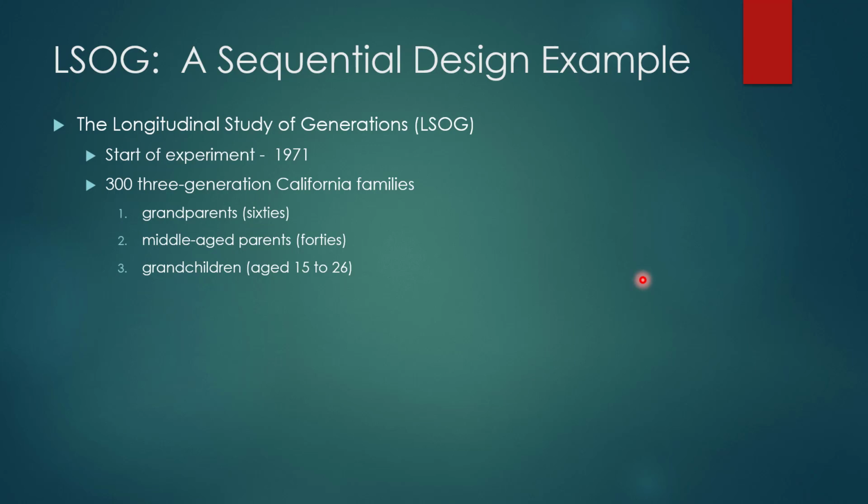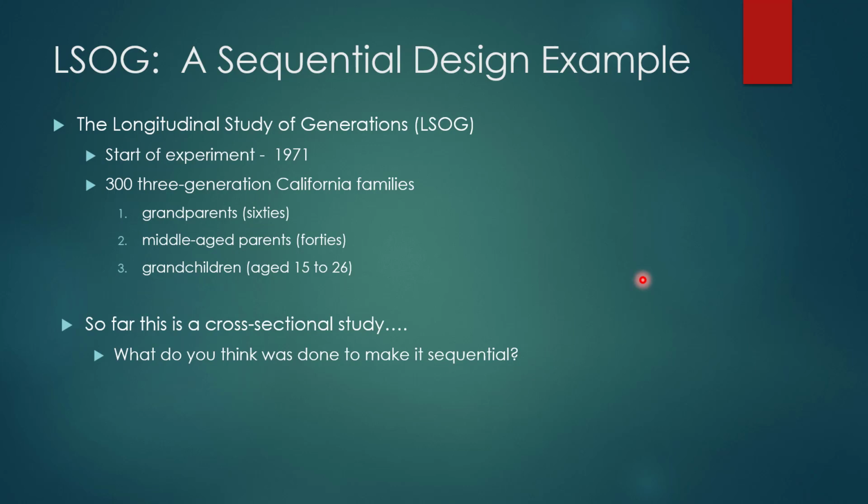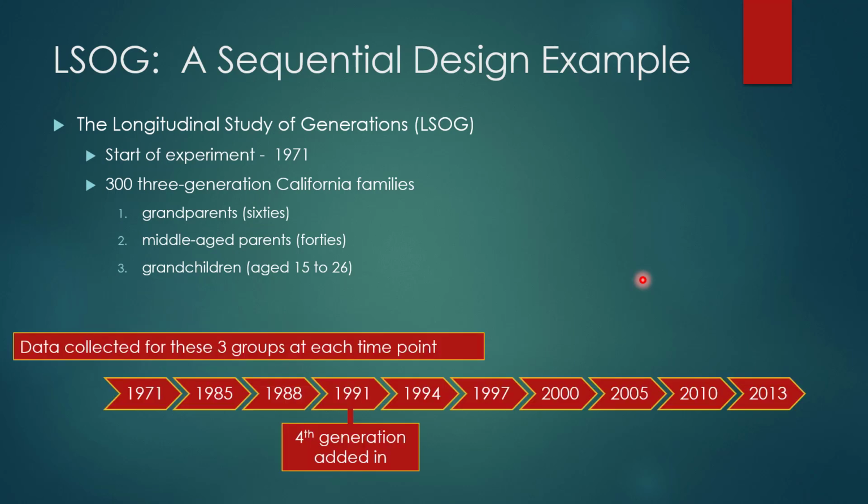So far it sounds like a cross-sectional study, right? In 1971, we looked at these 3 individuals. But then what they did is they continued to look at them, or I guess I should ask, you think about it first. What could they have done to make it sequential? So right now it's cross-sectional. Yeah, they needed to follow them over time.